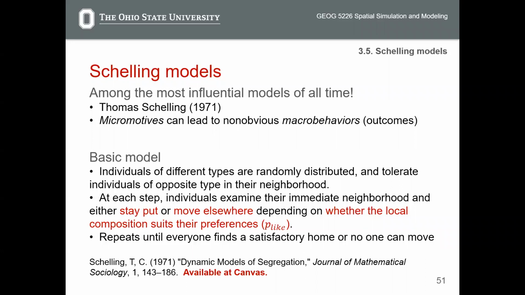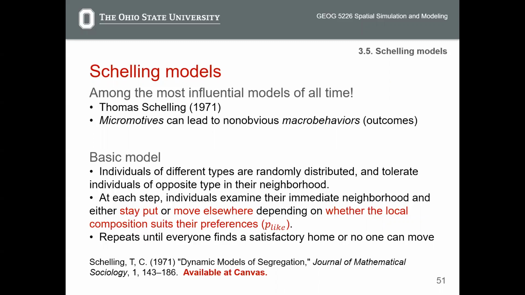It proves that micro motives can lead to non-obvious macro behaviors. There are different types of scaling models, but the basic rules are this. Individuals of different types are randomly distributed and tolerate individuals of opposite type in their neighborhood. So here there is a concept of tolerance.